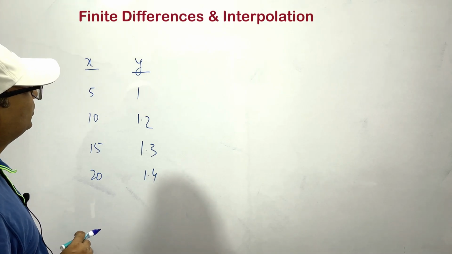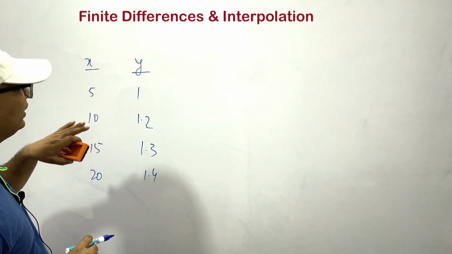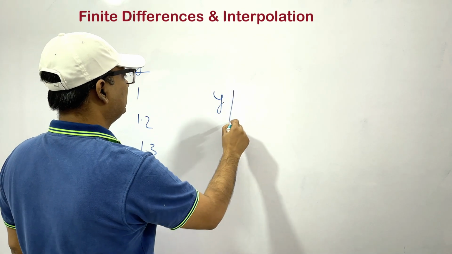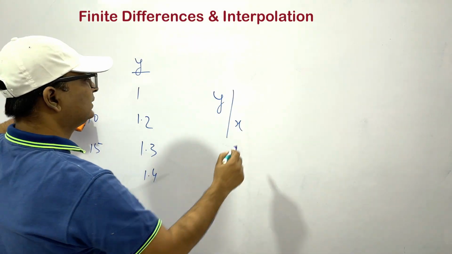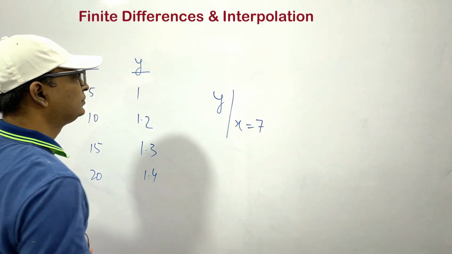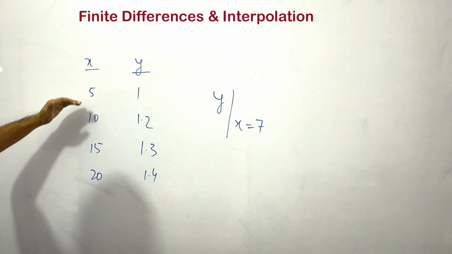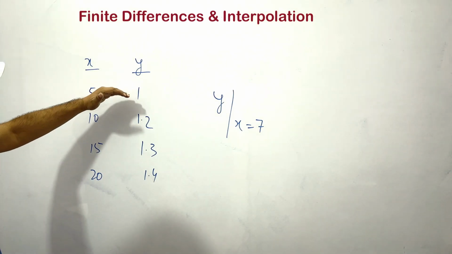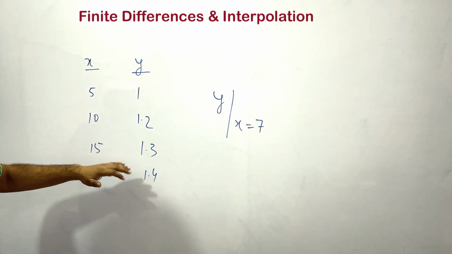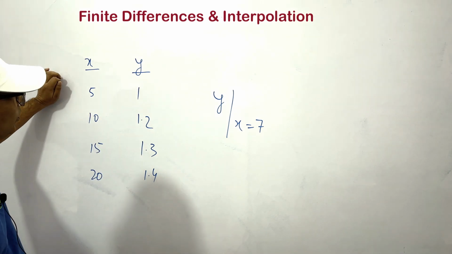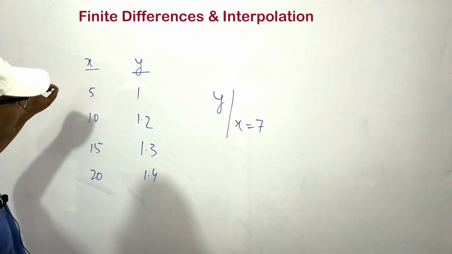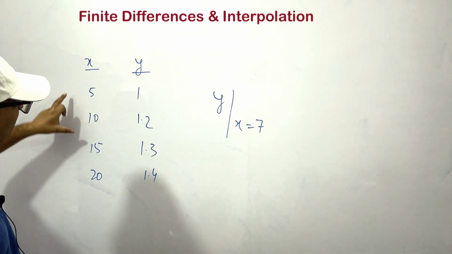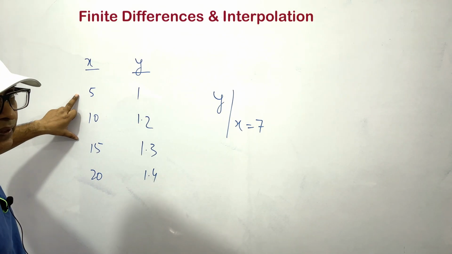Now, based on this data, if we are asked what is the value of y at x equal to 7, that is, you have data from 5 to 20, 5, 10, 15, 20, you have the value of the function at these values, and you want to find the value of the function at a point for which the data is not given, but that is within the range of data given to you.